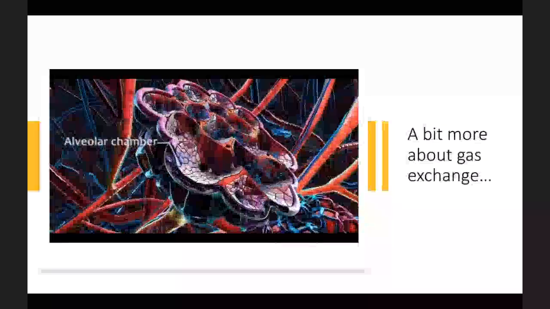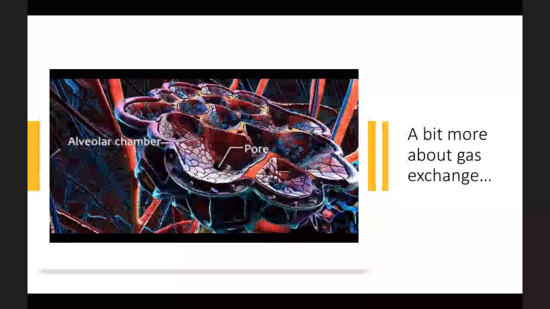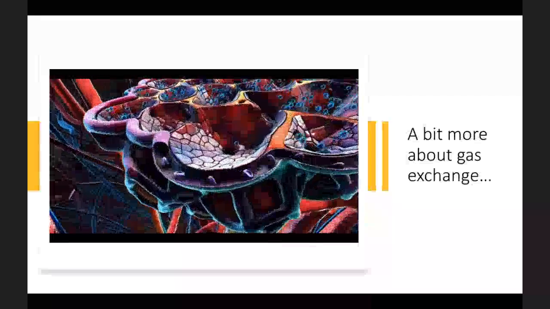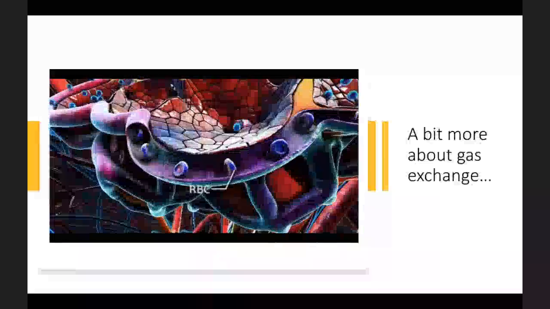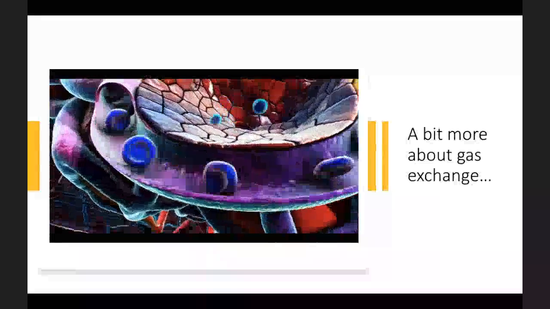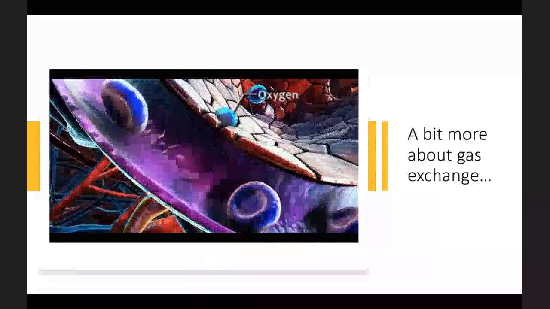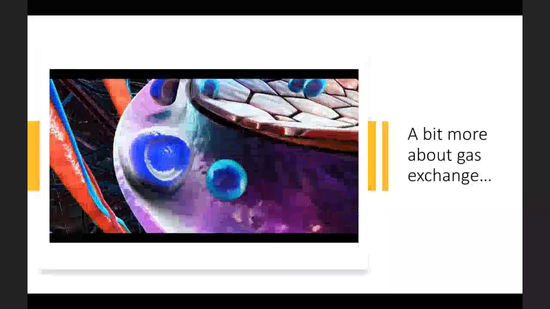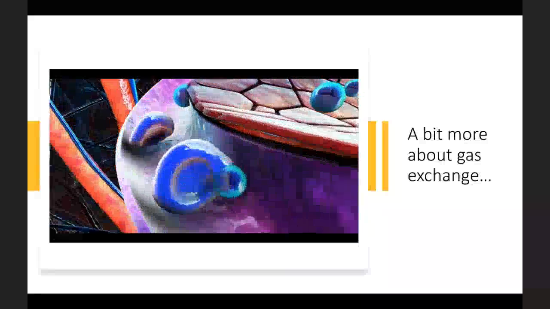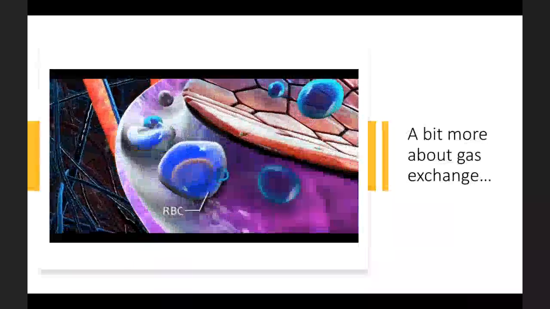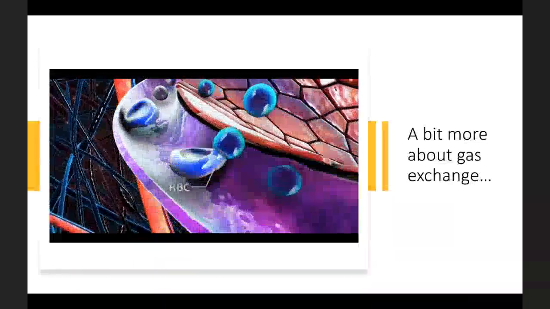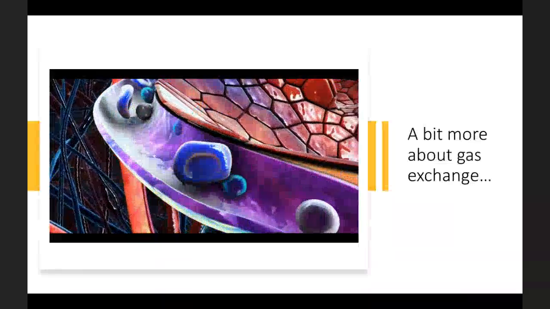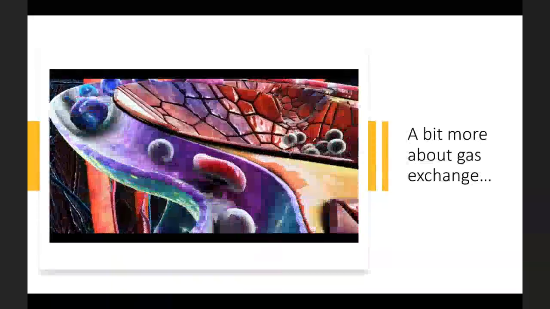The oxygen contained in the atmospheric air leaks through the pores into the capillary, where it mixes with the deoxygenated blood and combines with the RBCs, which are deoxygenated at this point of time. Gradually, as RBCs accumulate more and more oxygen, they become oxygenated red blood cells.